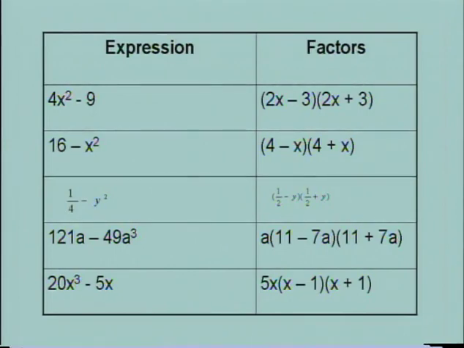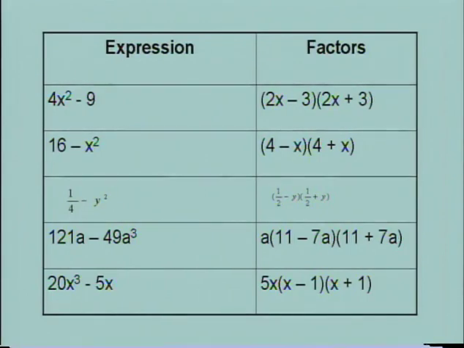So the square root of a quarter is a half, minus the square root of y squared, which is y. So the first factor would be a half minus y. The second factor would be a half plus y. So a quarter minus y squared can be factorized as a half minus y times a half plus y.